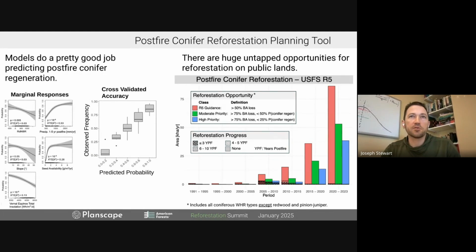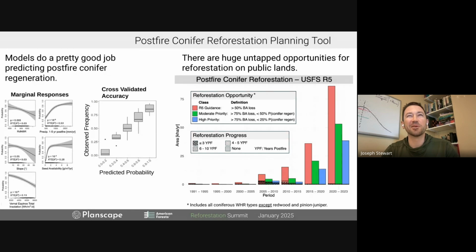But we can refine that further by looking at areas with higher fire severity and lower probabilities of natural conifer regeneration to zero in on those areas that have the highest risk of vegetation type transition to non-coniferous vegetation types. And overall, what we can see from this plot is that post-fire reforestation need is accelerating.